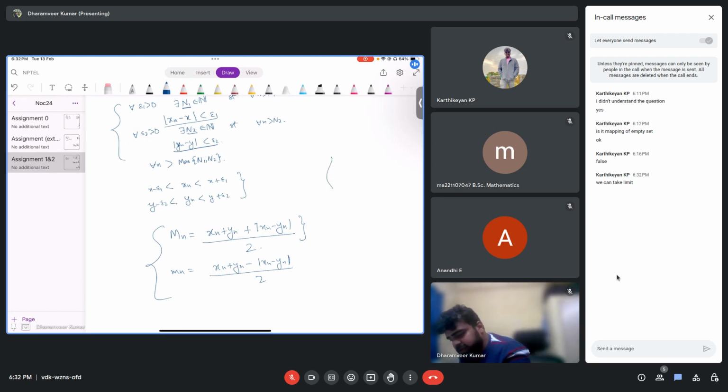Basically, when you say xn equals yn plus zn, always remember, if both limits exist, then limit xn is equal to limit yn plus limit zn. Only if they both exist.